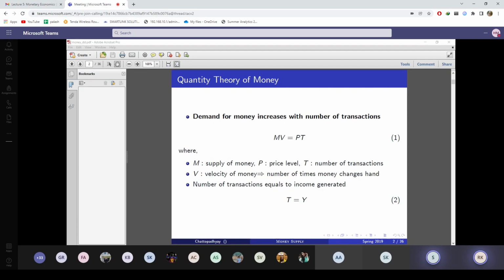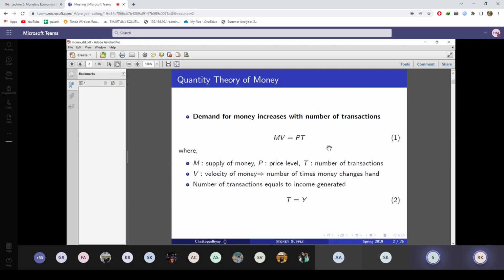So the number of transactions in the economy is the number of incomes getting generated. That is why I can write T equals Y. So I substitute over here. This 50 rupees I am telling you about is basically P into Y. That's the nominal income of the economy.